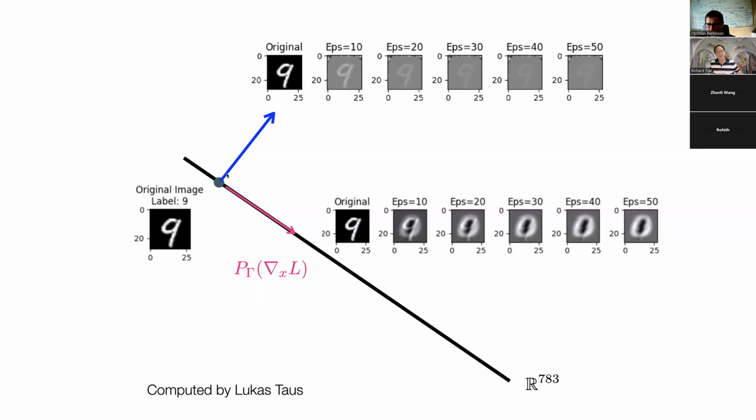But let's consider adding noise in another particular direction. In this direction, denoted by the pink arrow, this is a particular direction that's tangent to your data manifold. But it's particular because it's the direction of the gradient of the loss function with respect to the input x.